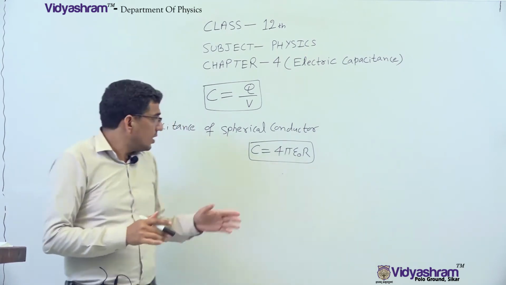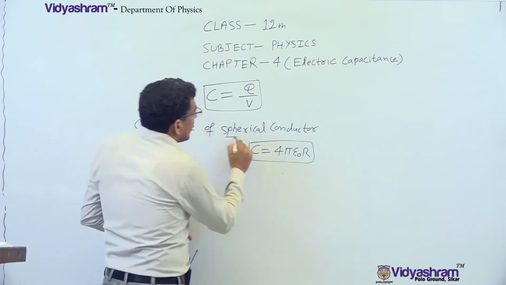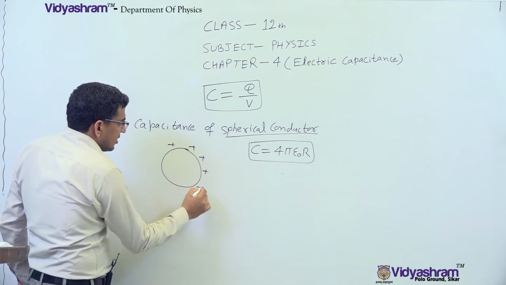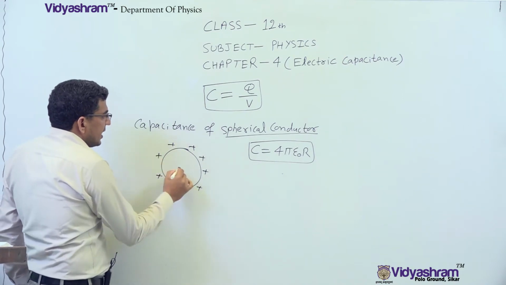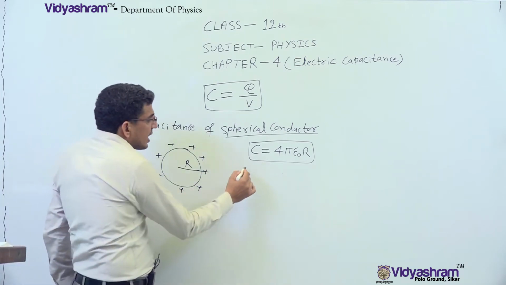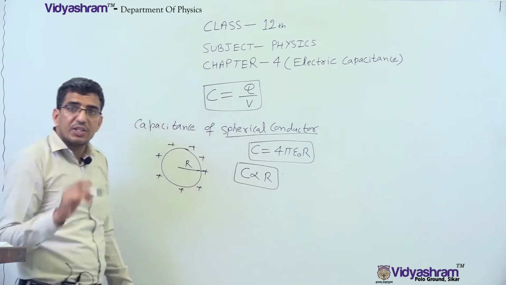How? Listen to me. This is our spherical conductor, and its radius is R. Its capacitance is directly proportional to the radius.